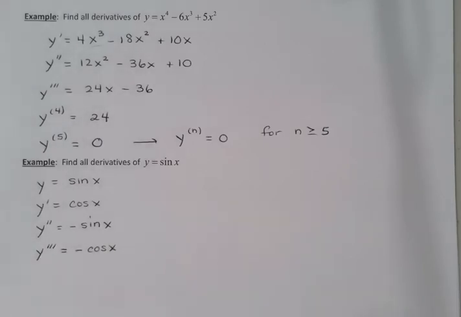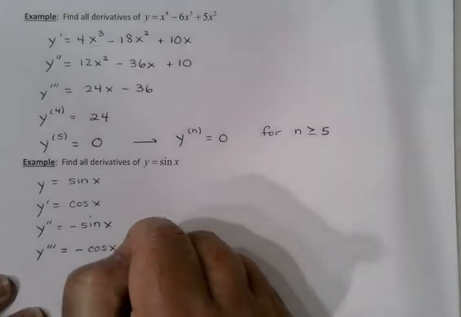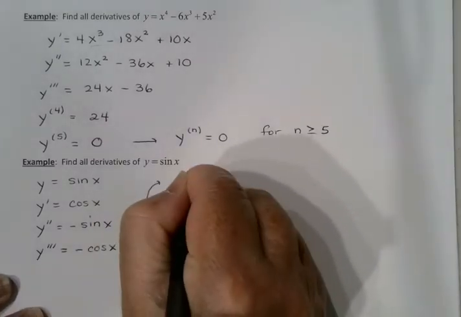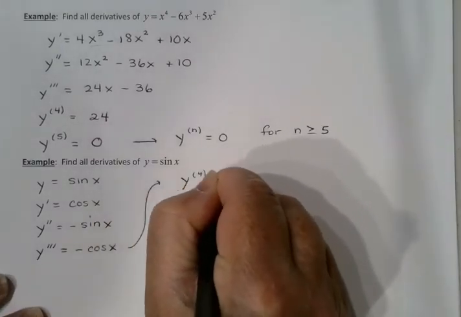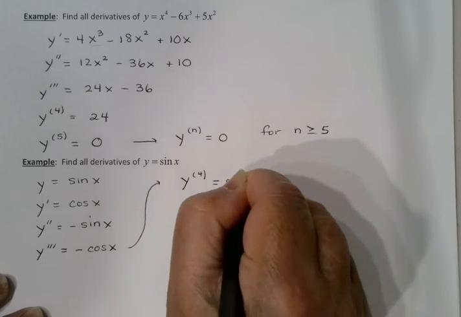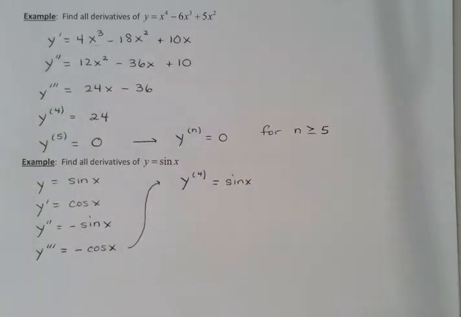And then when I get to the fourth derivative, I'd have a negative negative, or a positive sine x, which actually kind of puts me right back to the beginning again, doesn't it? And then that cycle would just repeat itself.